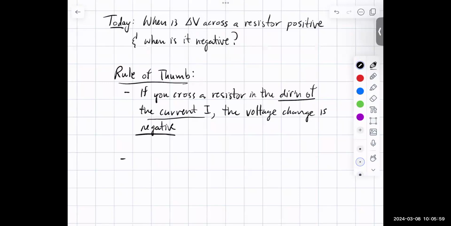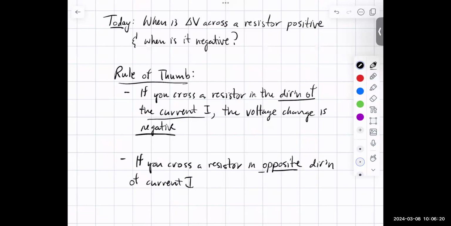If you, of course, go the opposite direction, if you cross a resistor in the opposite direction of the current I, the voltage change is positive.